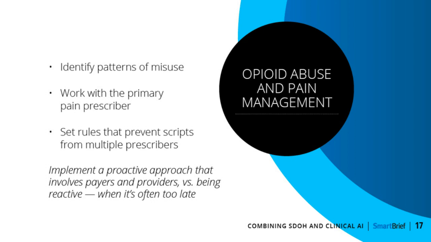Intervening after the second or third prescription from a different doc has a much greater chance of preventing the downline hospitalization or, unfortunately, the downline overdose resulting in death. And the current way of doing it is very much we act after there has been a sufficient amount of misuse, as opposed to an indicator of future misuse.